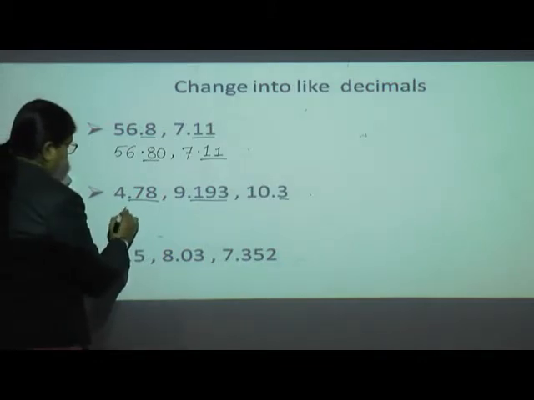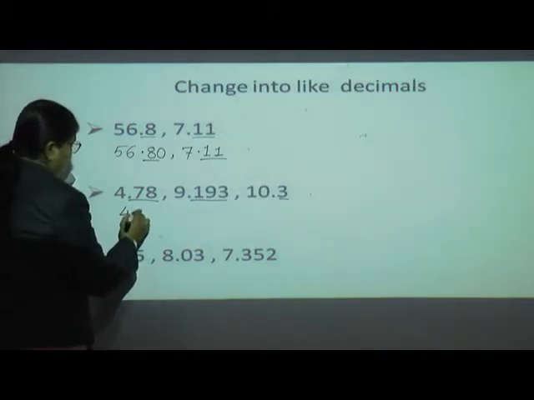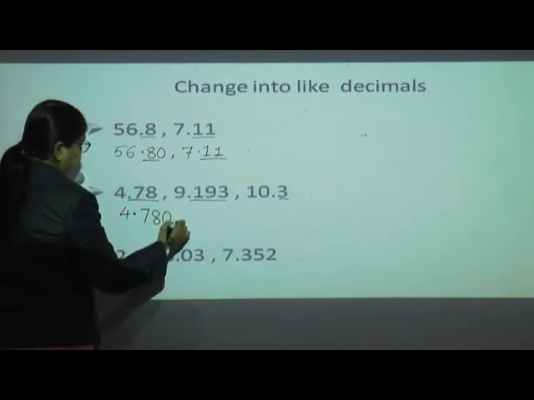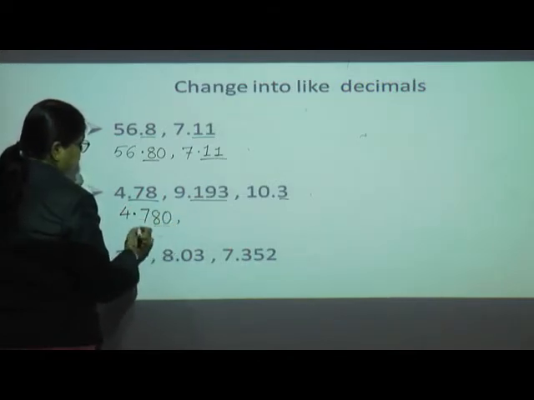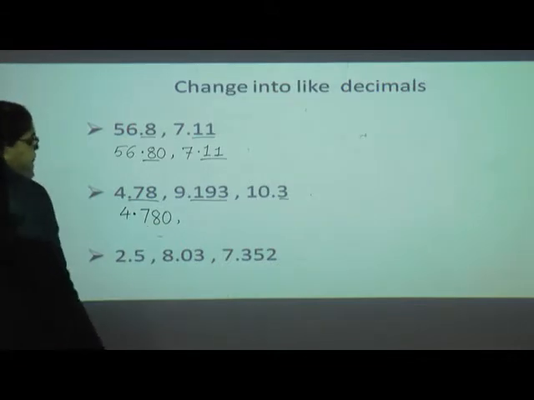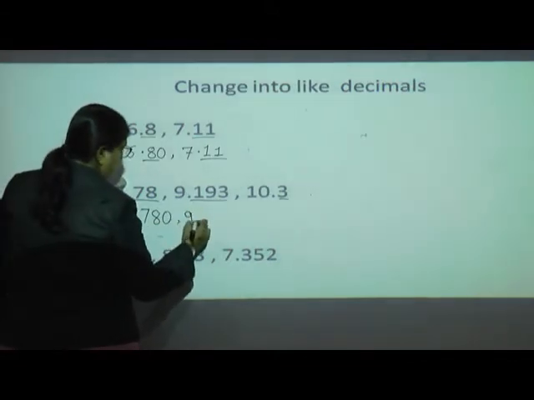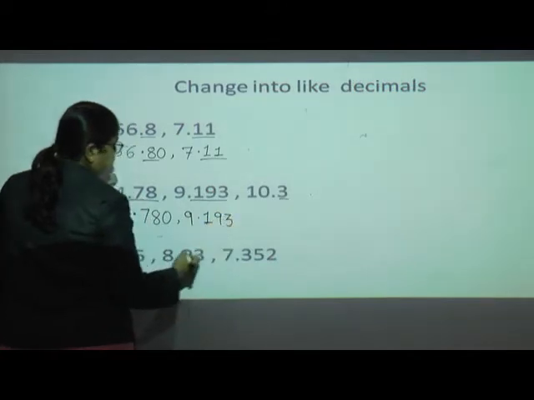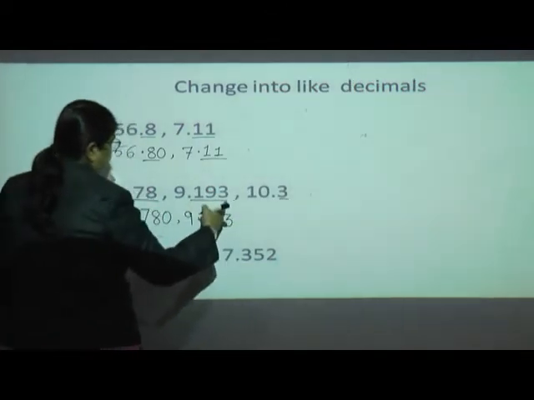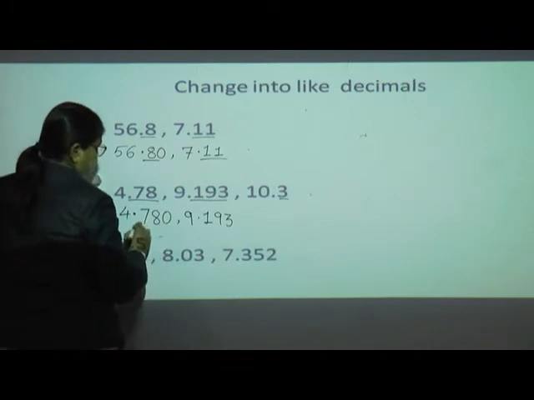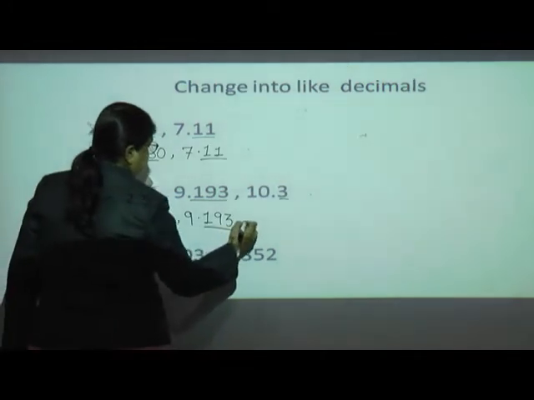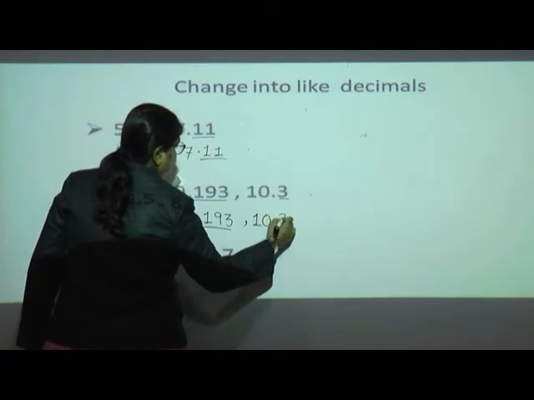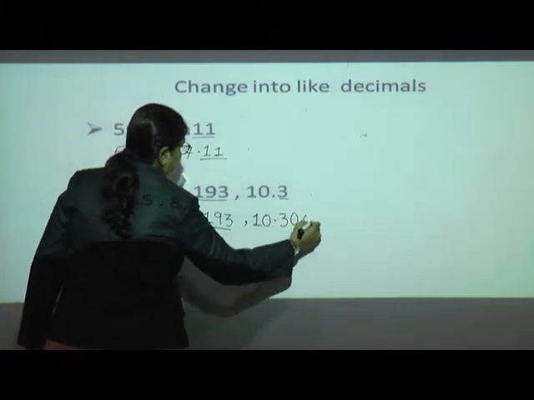So we will write here 4.780. After the decimal we have done 3 decimal places. Here we will write 9.193, because already we are having 3, here also 3, here also 3, and now 10.300.